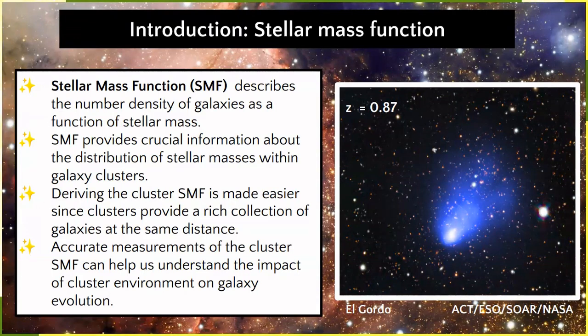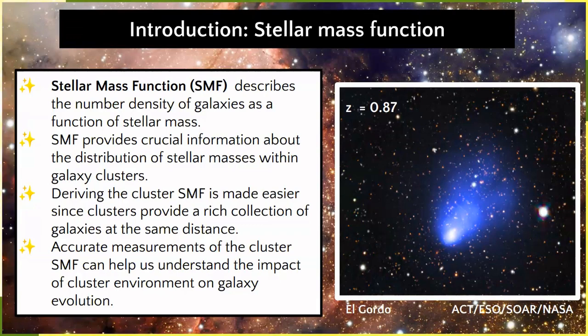Deriving SMFs in clusters is generally a simple task, since clusters provide a rich collection of galaxies all at the same distance, and the density is high enough to identify members photometrically. So accurate measurements of the cluster SMF can help us understand the impact of the cluster environment on galaxy formation and evolution.